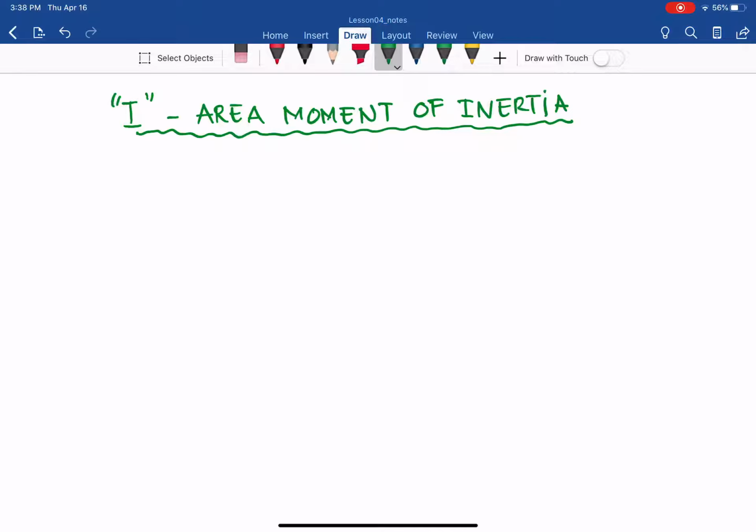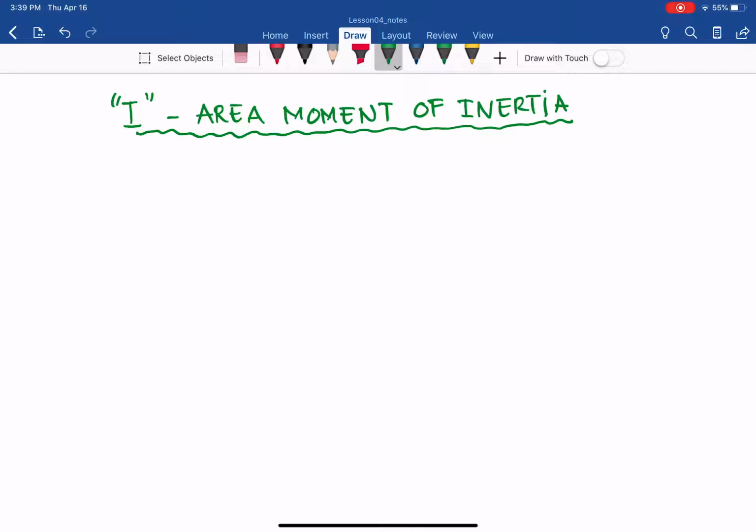You can see the mass moment of inertia depends on both geometry and the material property. We see the mass, right? How heavy it is. But for the areas, it's purely geometry.